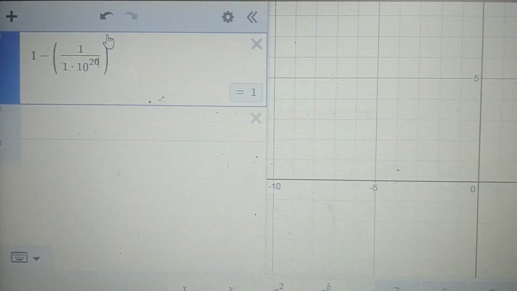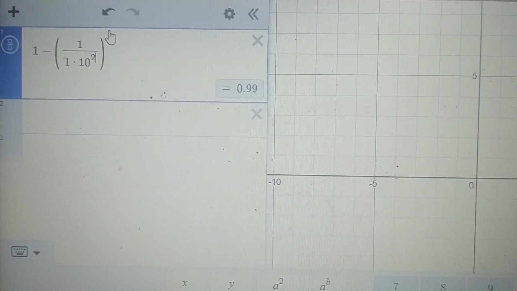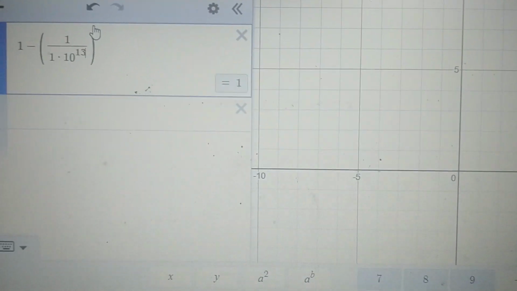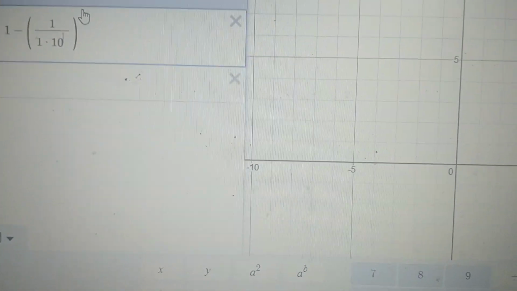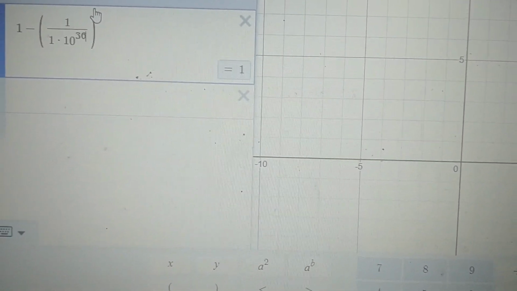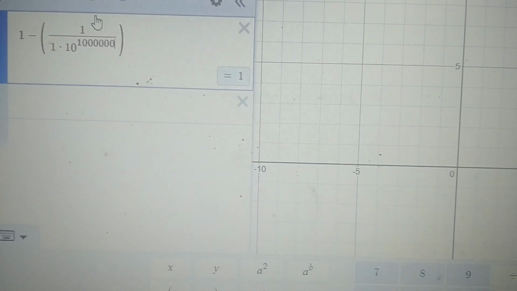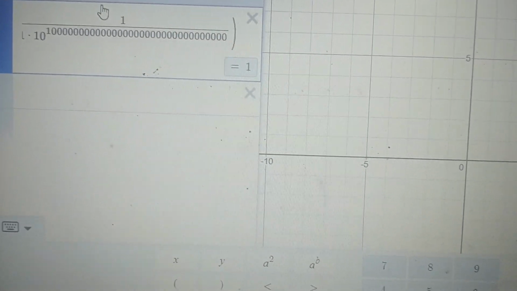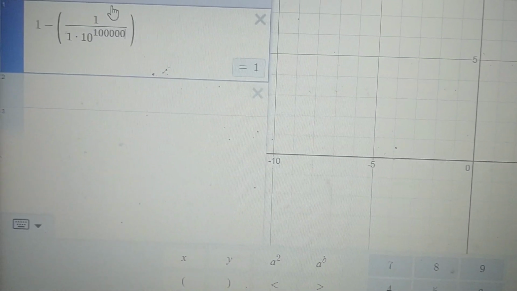Why doesn't 26 give me 2 instead of 1, because 13 gives me 1? What about 36? So yeah, it's just nonsense.